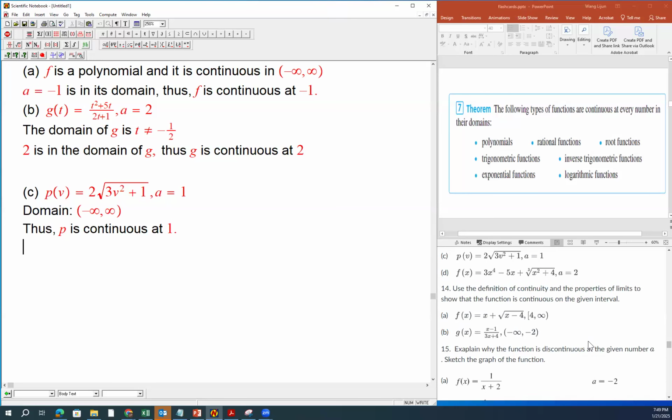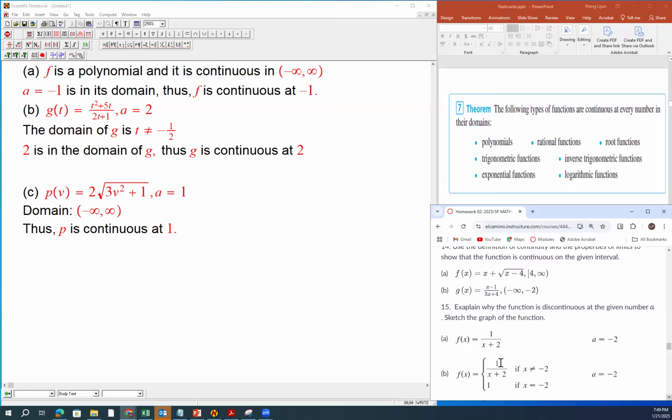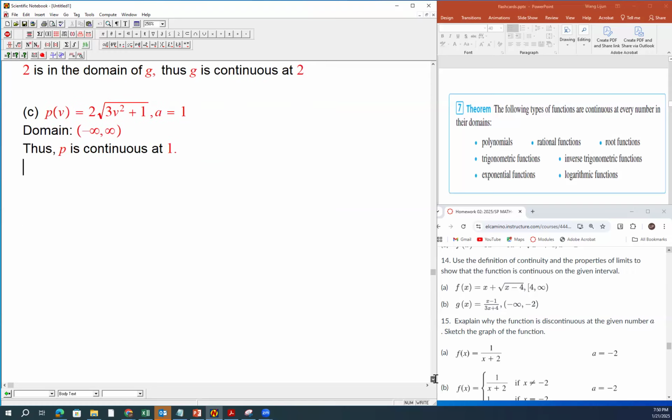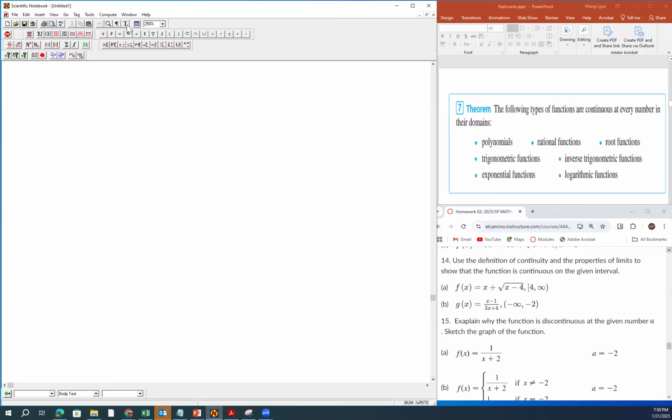Okay, so let's look at the next homework question. It says, use a definition of continuity and properties of limits to show the function is continuous on the given interval. Well, all we have to do is find the domain. What is the domain of function F?